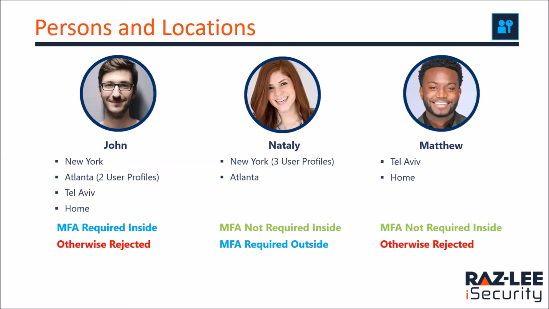And otherwise, if someone tries to enter with Matthew credentials from another point, it will be automatically rejected. Here, trying to stop a zero-day attack, we recommend the first example: MFA required and otherwise reject.